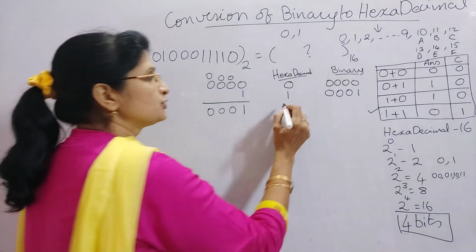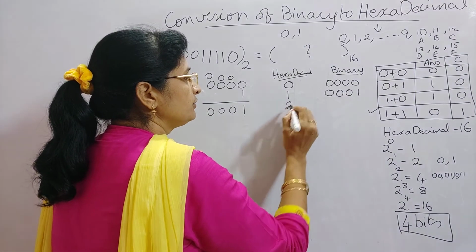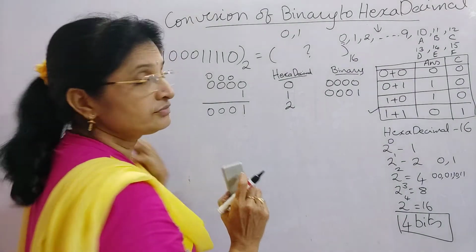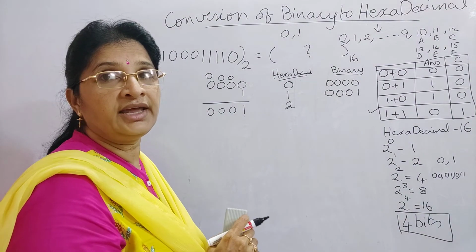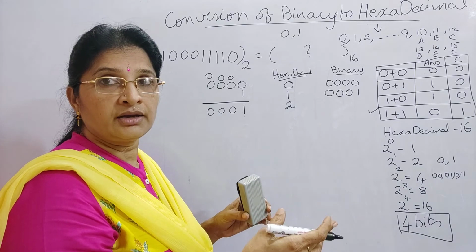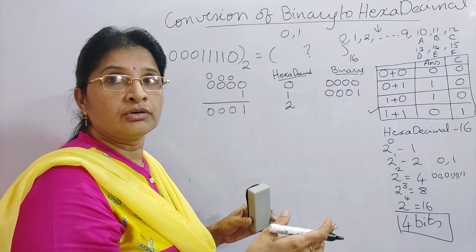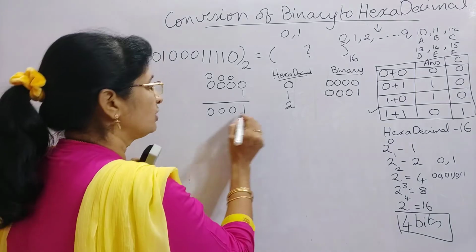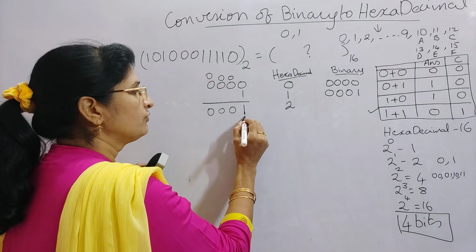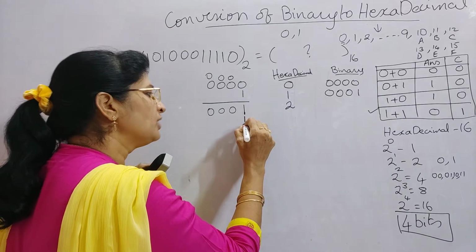And the next one is 2. If you want to get the binary code for 2, what you have to do is again add 1 to the binary code of 1. So what is the binary code of 1? This is the binary code of 1. So for the binary code of 1, you have to add 1.